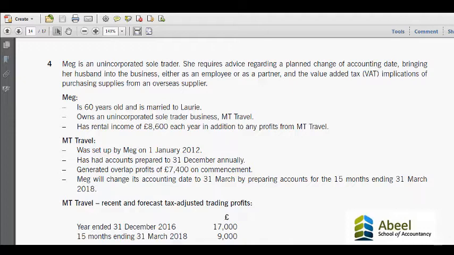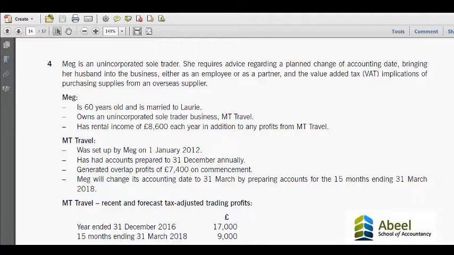If there is no profit coming from MD Travel, then Meg is not paying any tax, because her rental income is lower than the personal allowance. Now let's read what it says.